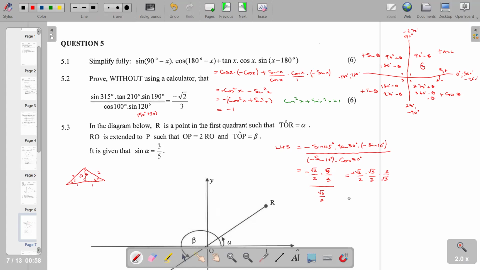So eventually our final answer is a negative root 2 over 3. So we concluded that our left-hand side is equal to our right-hand side. Then we go to the next question.